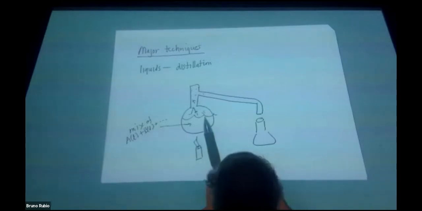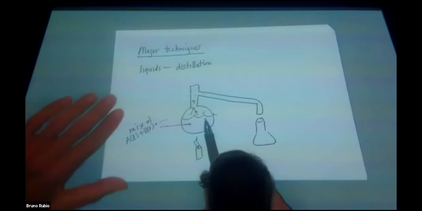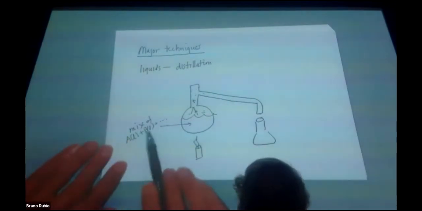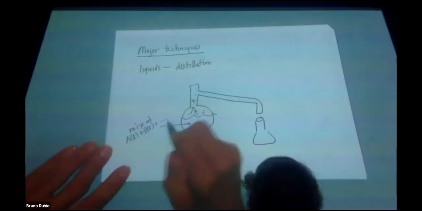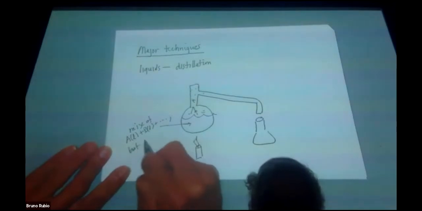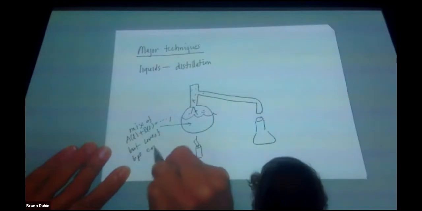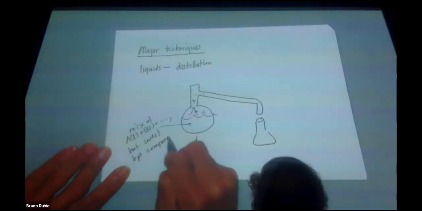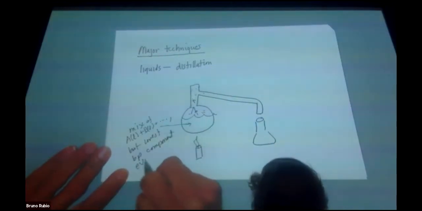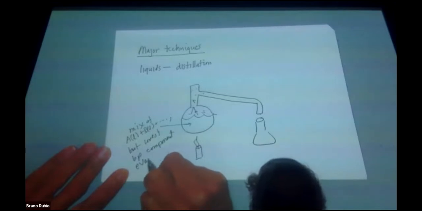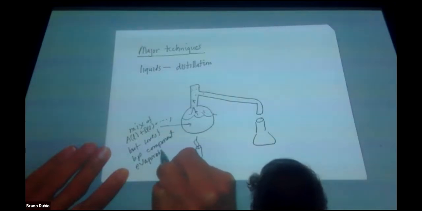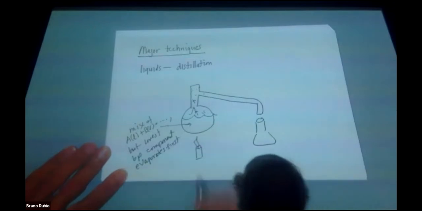The molecule that is going to evaporate first is going to be the one with the lower boiling point. So you have this mixture of A and B and so on and so forth, but the lowest BP component evaporates, or is volatilized, first.